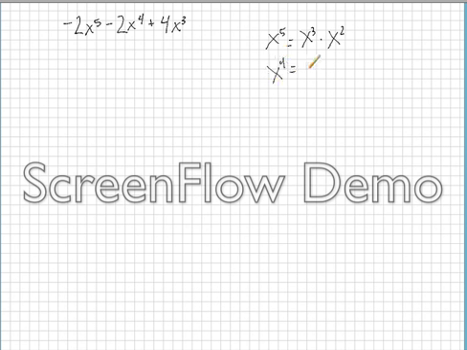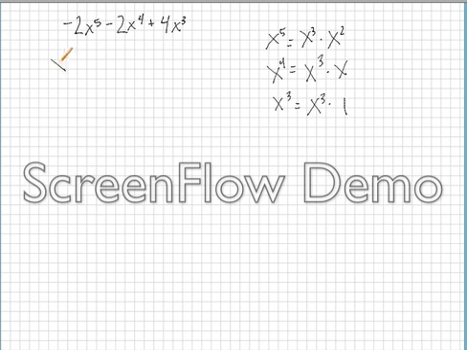X to the fourth is equal to x to the third times x, and x to the third is equal to x to the third times 1. So I am now going to remove whatever is shared by all of these terms on the right side of the expression. It looks like x to the third is the shared term here.